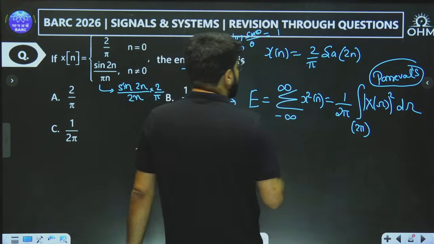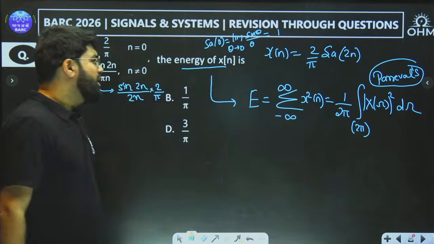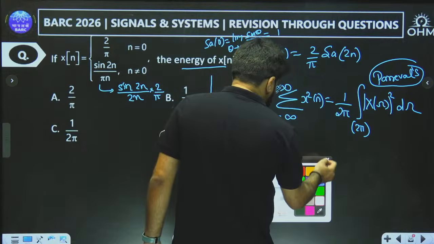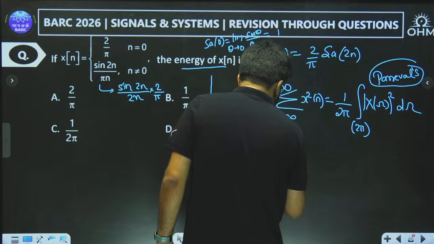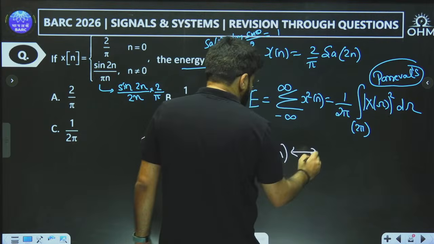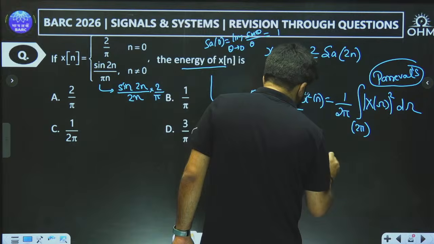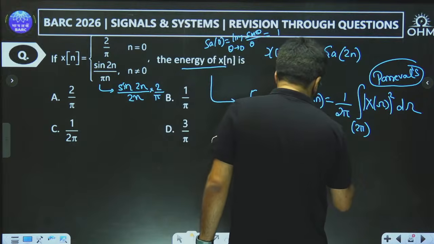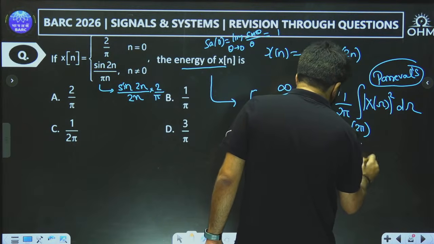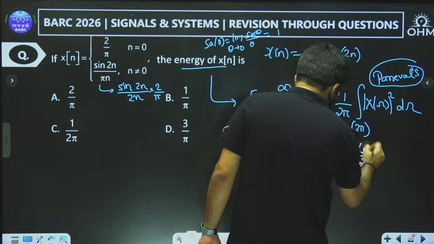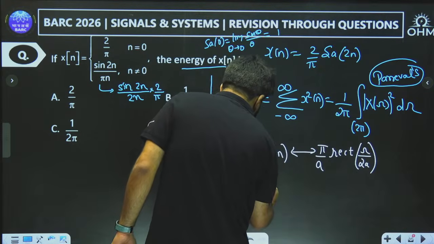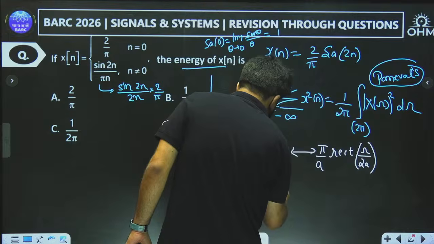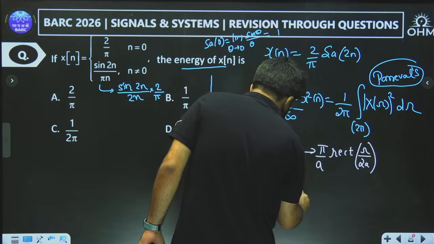Now, what is the X(omega)? Once again, the same result is applicable in DT as well: sampling an has the Fourier transform, first of all, rect only. Sampling an has pi by a times rect of omega by 2a. That is the general formula. What do I have here as x[n]? x[n] is 2 upon pi sampling 2n.